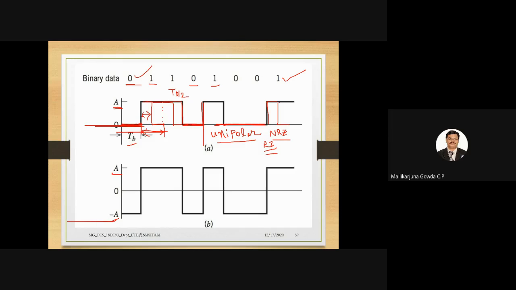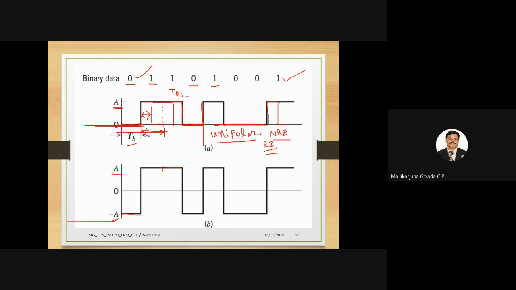That is why here, see, the first bit is 0, so it is represented by minus A volts. The next bit is 1, so it is represented by plus A volts. The bit duration will be the same, TB only. The next bit is also 1, so it is represented by plus A volts only.